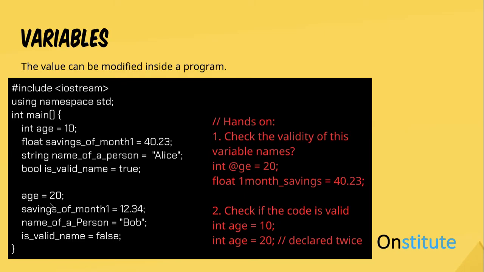However, at this point of the program, I have changed the value of age to 20. Similarly, all the other variables have some kind of initial value based on their data type. But at this point of the program, I have changed them all.